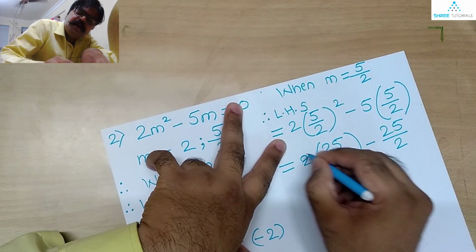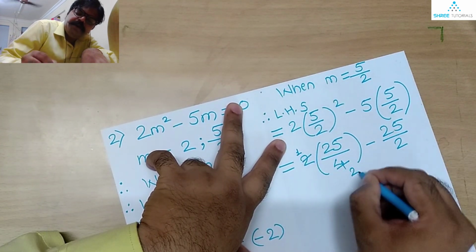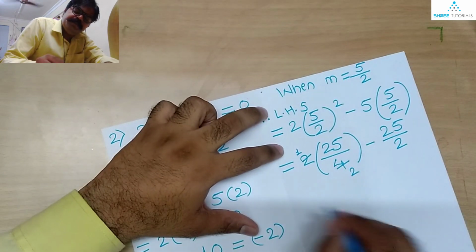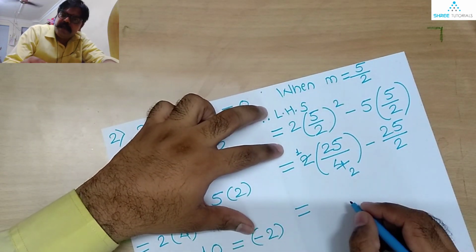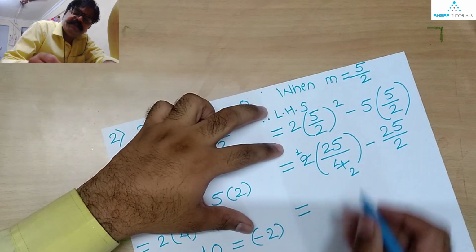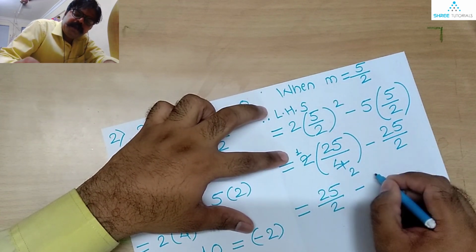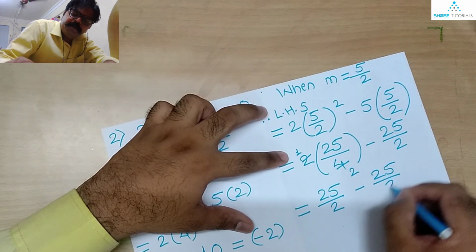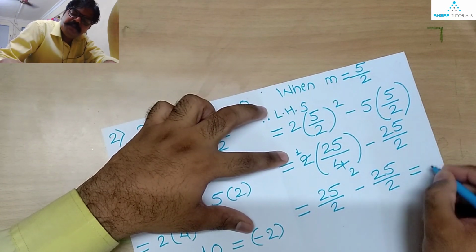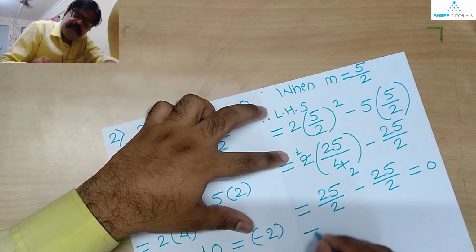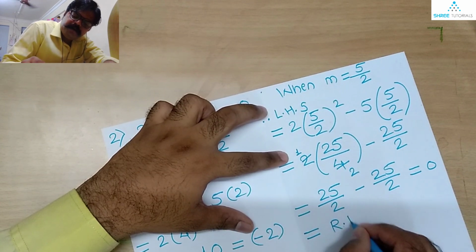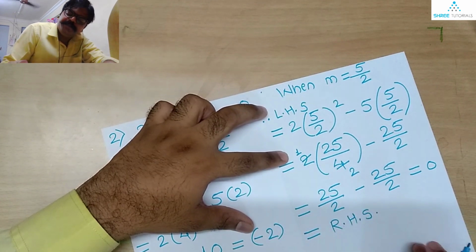Here as well, after cancelling, we are going to get 2. Therefore, what we are having on LHS is 25 divided by 2 minus 25 divided by 2, which is equal to 0. That means it is equal to RHS.